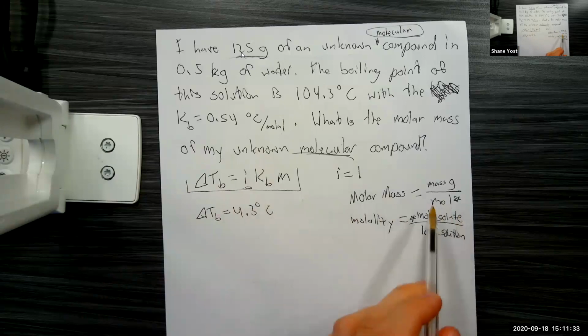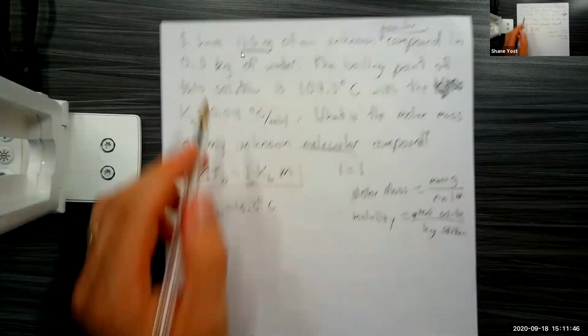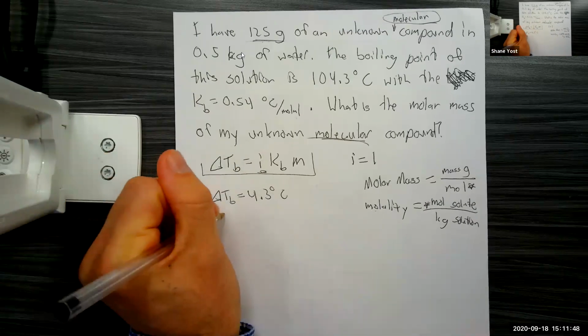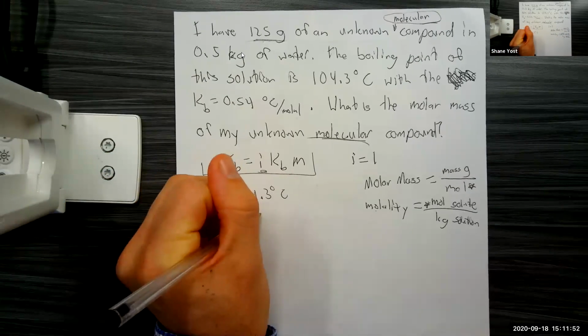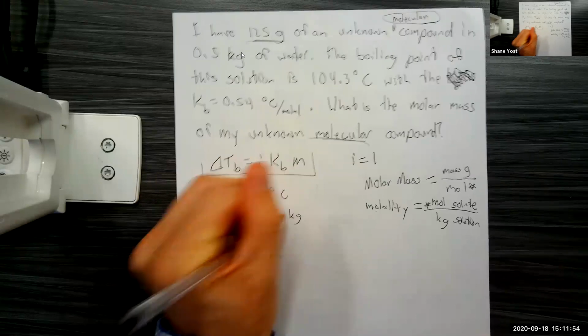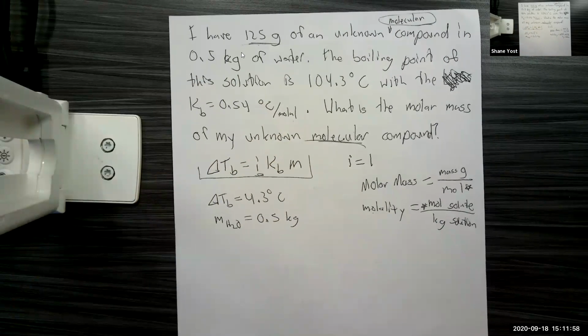I don't know the moles of my compound in those grams, but I can find how many moles in solution based off the molality, because the molality gives me the moles in solution per kilogram solvent, and I'm given the mass of the solvent. The mass of water, or solvent, is 0.5 kilograms. So I can use the molality to find that.